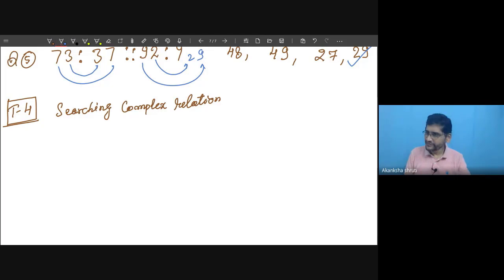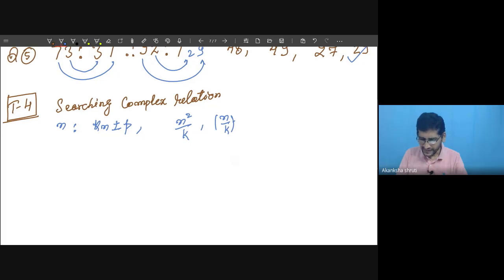What are these complex relations? We had already written: simple relations mean plus, minus, multiplication, division, square and cube. These are considered simple. But if any number n is there, and the next number you get is k multiplied by n plus or minus p, this forms a complex relation. If there is n square by k, you have to think that it may be possible that first you divide n by k, then you square it.